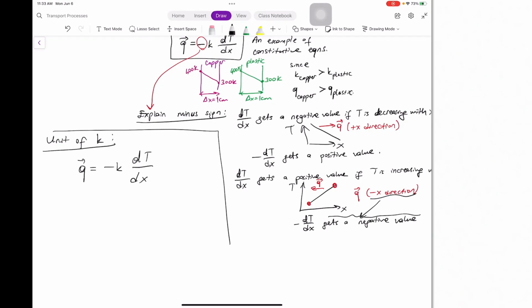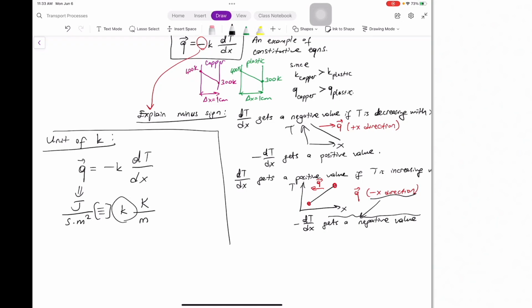And the q, we know, has the units of joules per second per meter squared, or watt per meter squared. That should be identical to the right-hand side, the units of K times the units of dT over dx. dT has the units of Kelvin divided by meters, or temperature divided by length units.